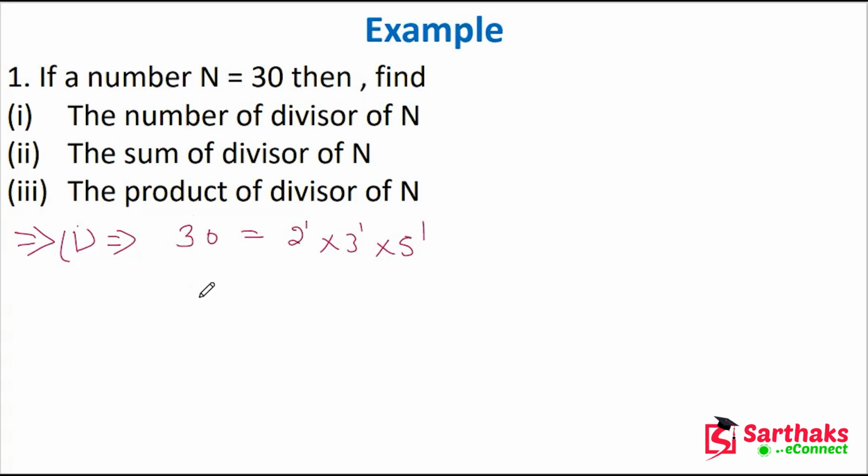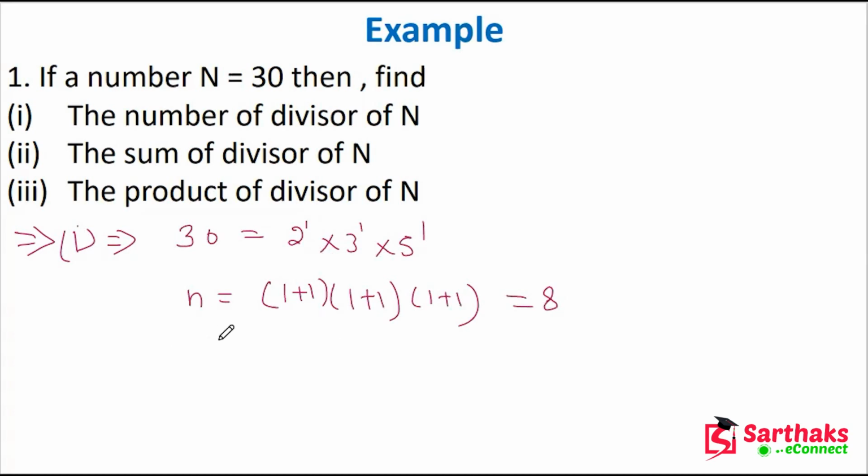So what is small n, the number of divisors? It is (1 plus 1)(1 plus 1)(1 plus 1), since p, q, r are all 1. The result is 8, so there are 8 divisors.